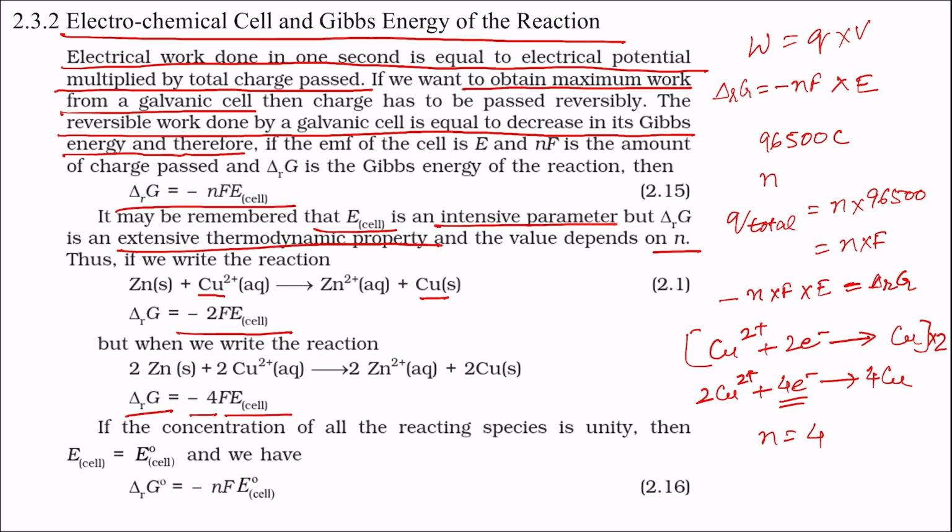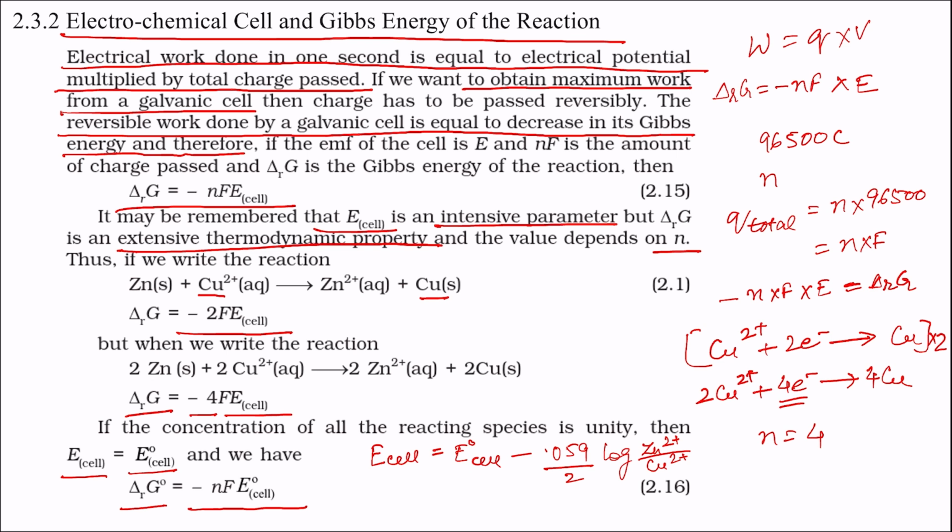If the concentration of all the reacting species is unity, then E cell is equal to E naught cell, and we have delta G naught equal to minus n into F into E naught cell. E cell is equal to E naught cell minus 0.059 by 2 log Zn2+ divided by Cu2+.